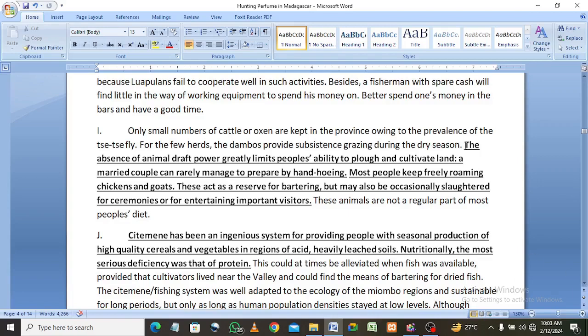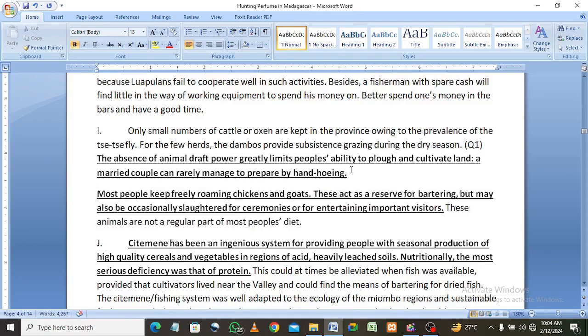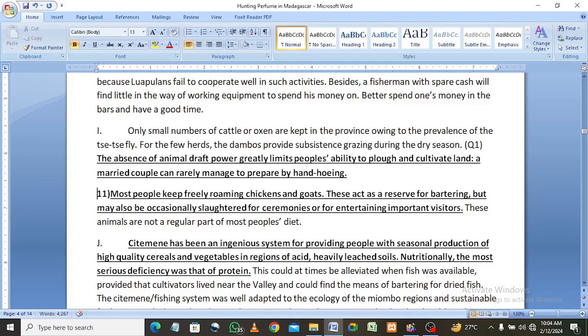And trust me, with true, false, not given, you see now that it follows order. You can see now that here we got our answer to question 1. This was where we got our question 1 answer. Then this particular sentence is where we got our answer to question 3. Sorry, let me say 11. Question 11.